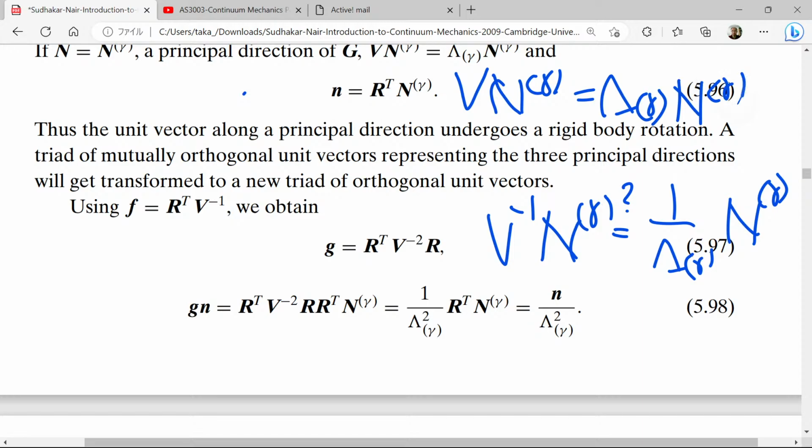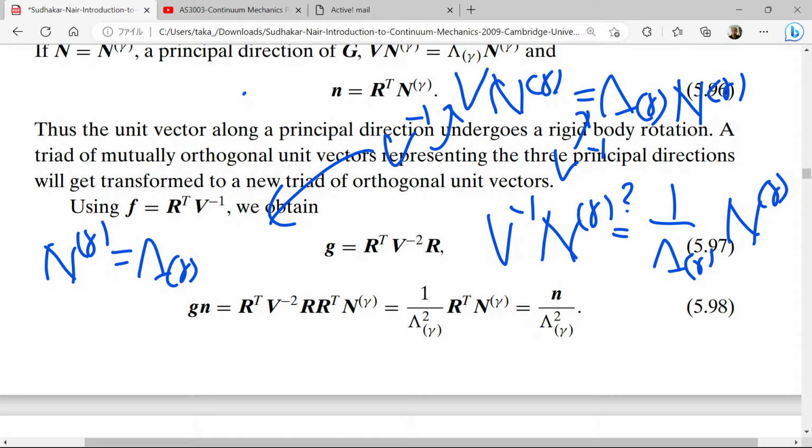So I think what we should do is we multiply V inverse here and here too. So we have n gamma equal lambda gamma V inverse n gamma.